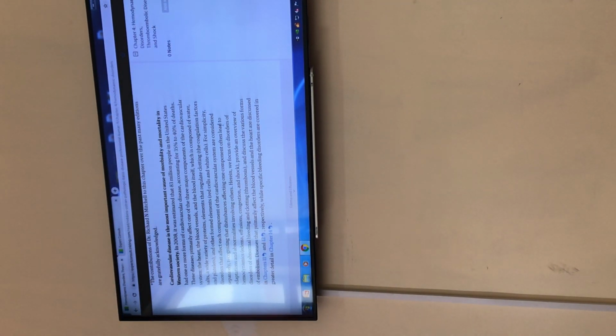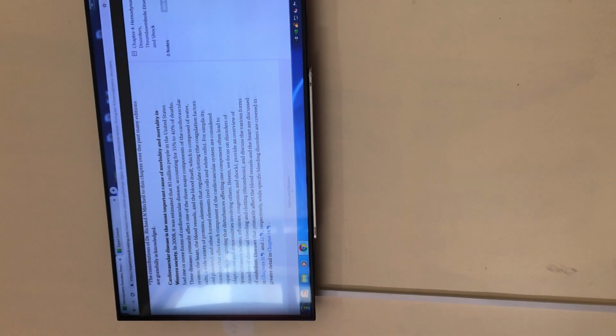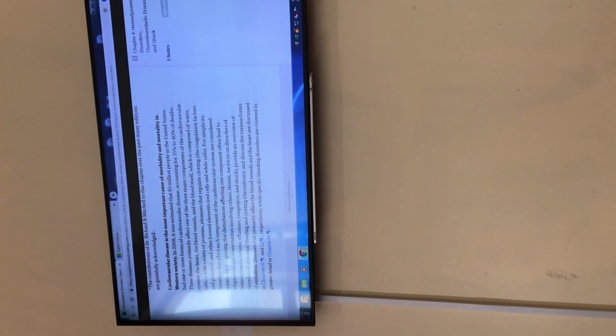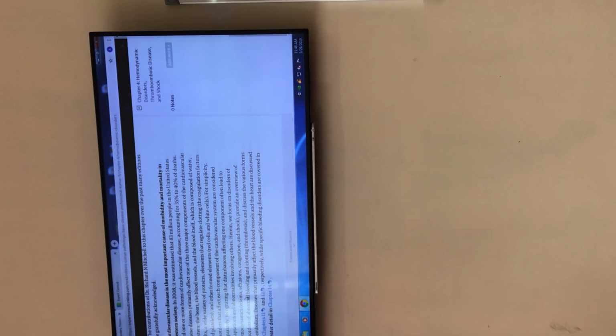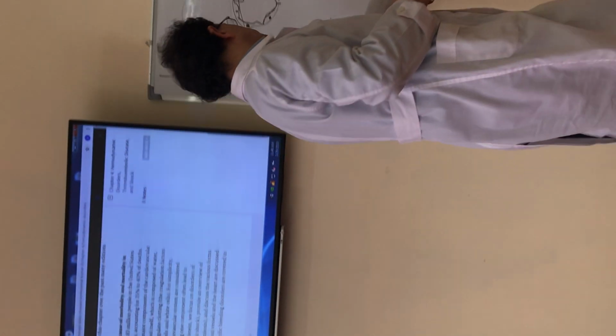So what does it mean that we say disorders of hemodynamics? It includes edema, effusion, congestion, and shock. Edema is when fluid is accumulated in tissues.